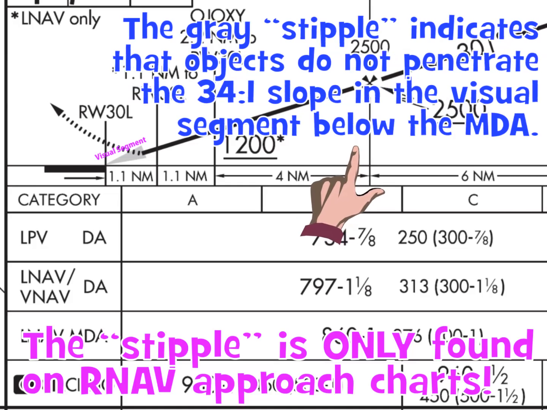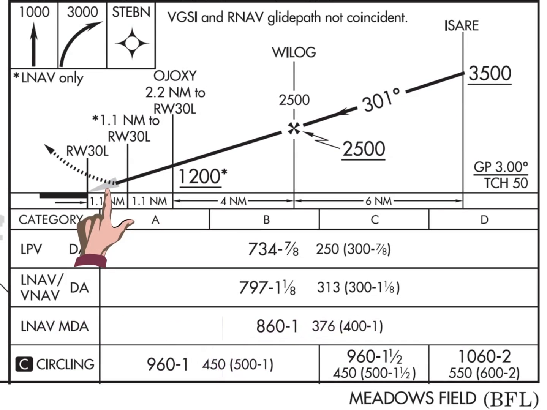The gray arrow, the stipple, is shown here on the Meadows RNAV GPS runway 30 approach. This is an important clue that you can descend to touchdown using the VDA and remain obstacle-free.